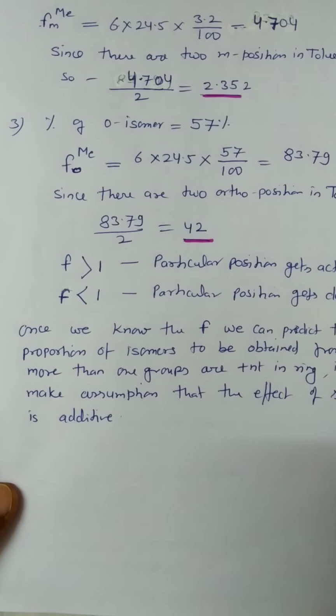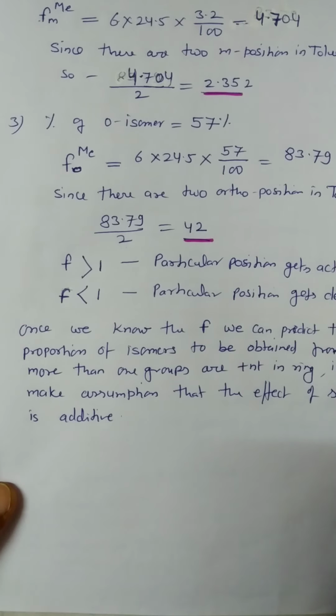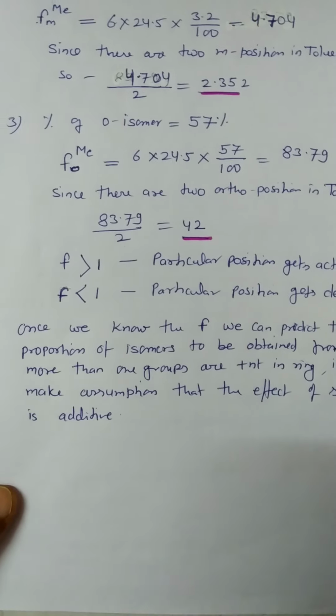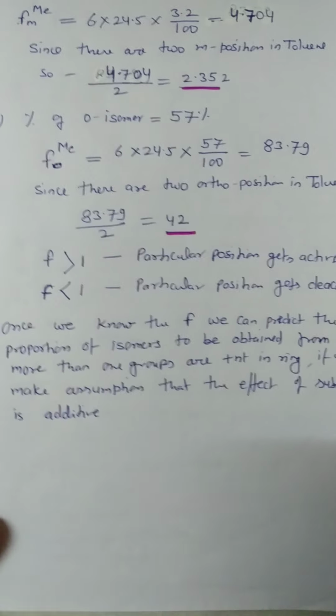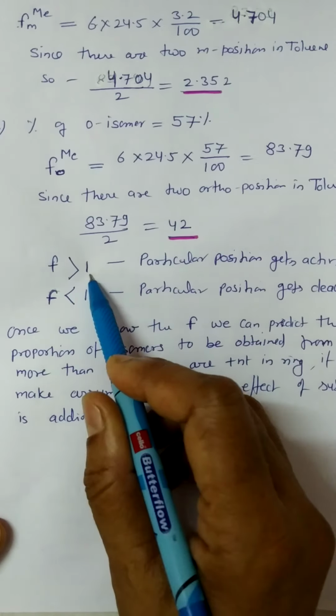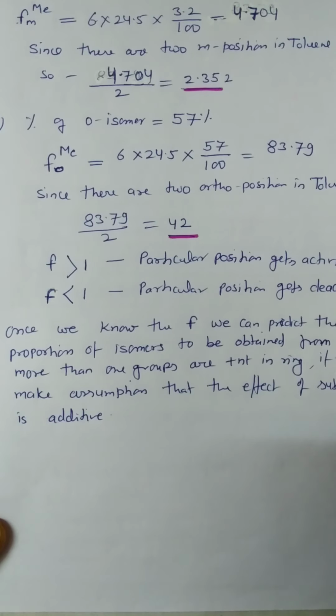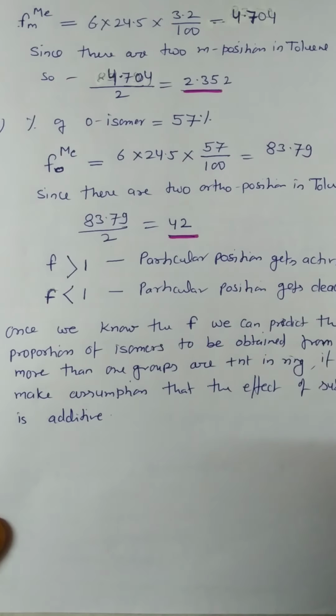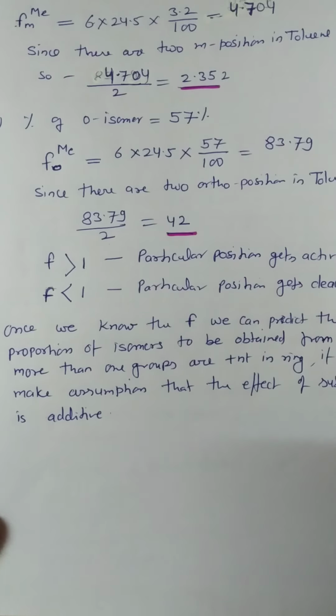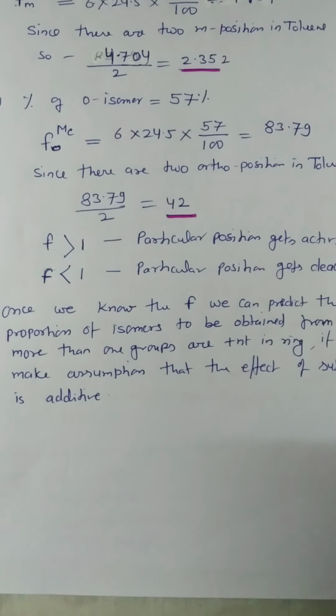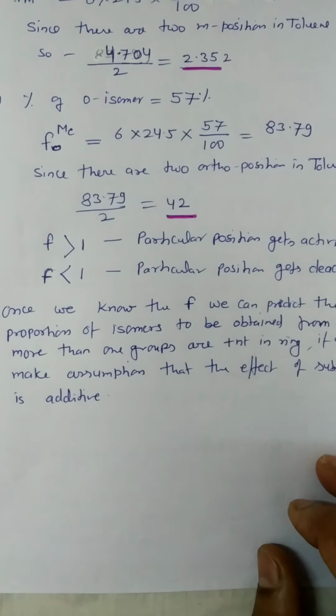From these results, we draw the conclusion that if the partial rate factor F is more than 1, then the particular position gets activated, and if the partial rate factor is less than 1, then the particular position gets deactivated.